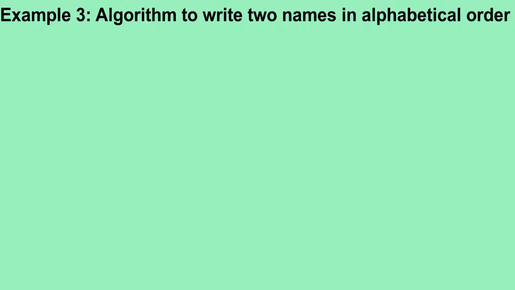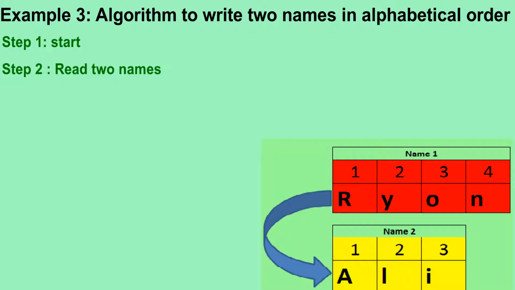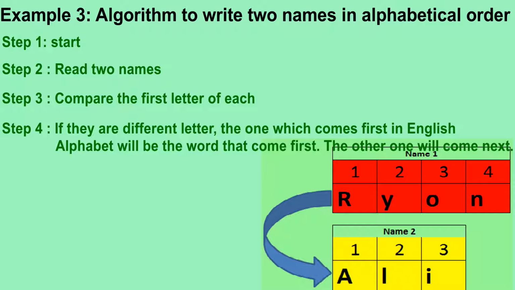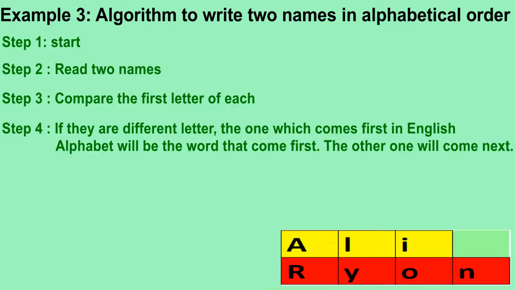Third example, algorithm to write two names in alphabetical order. Step 1. Start. Step 2. Read two names. Step 3. Compare the first letter of each. Step 4. If they are different letters, the one which comes first in the English alphabet will be the word that comes first.